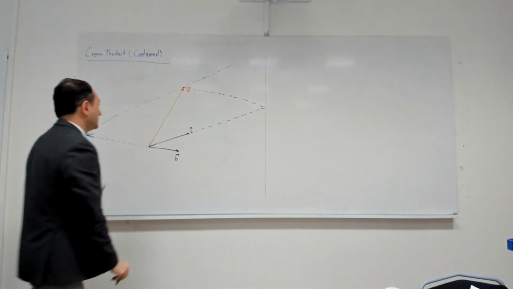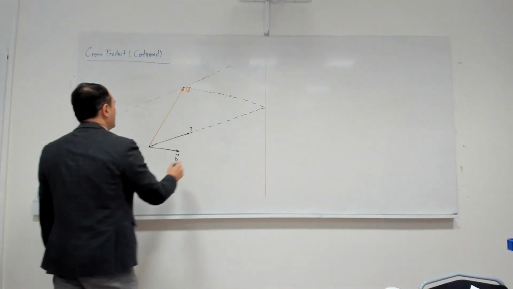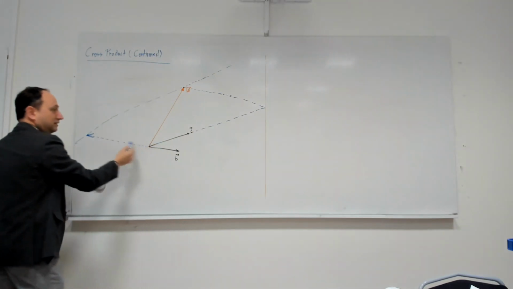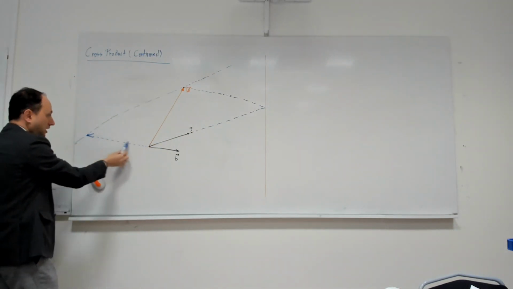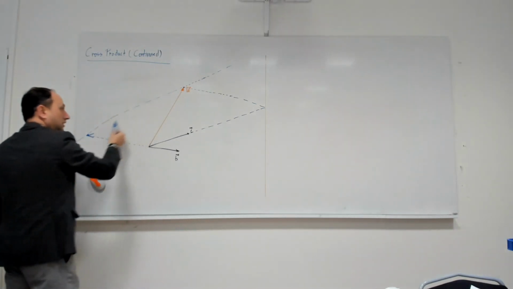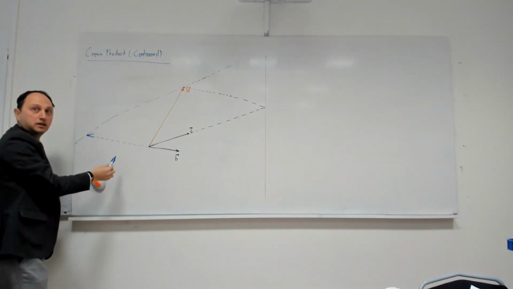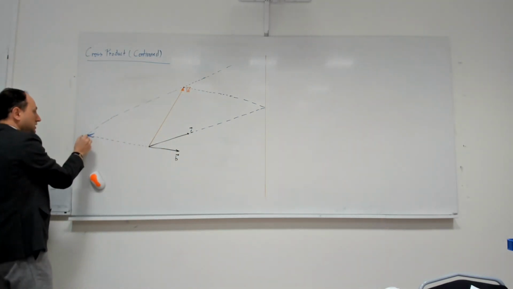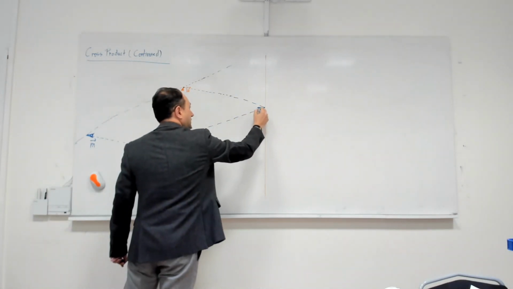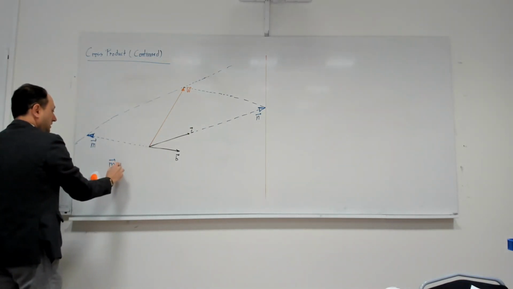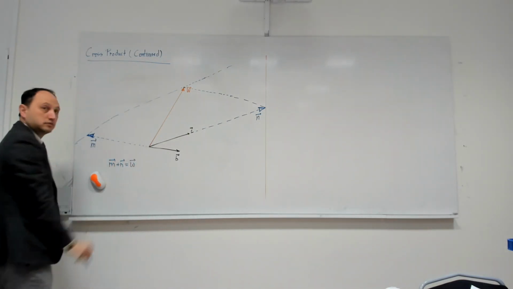Yes? And now, I hope that you agree with me, this picture here, this quadrilateral, is a parallelogram, yes? Because this line is parallel to that line, and this line is also parallel to this line. So this one is a parallelogram. And if I call this vector m and this one vector n, I hope that you agree that if I add m to n, it becomes vector w.